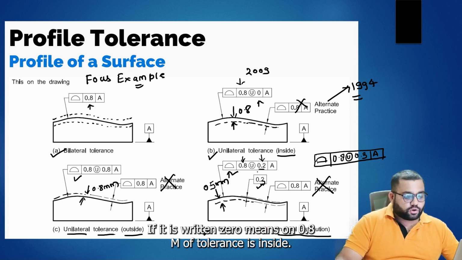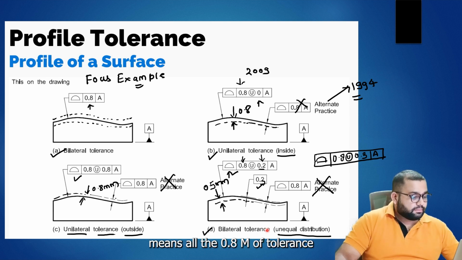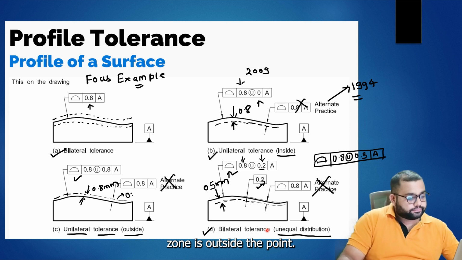If 0 is written, it means all 0.8 of tolerance is inside. If 0.8 is written over here, it means all the 0.8 of tolerance zone is outside the part.